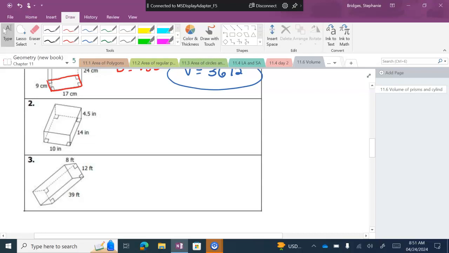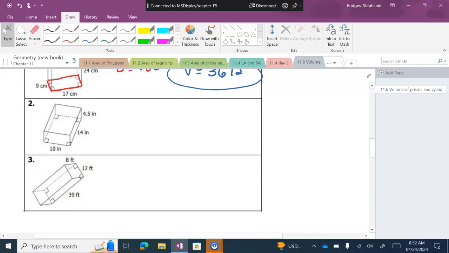But we need to get in the habit of finding the area of the base because our bases could change. However, in a rectangular prism, it really isn't that important. It is just the length of the box times the width of the box times the height of the box.